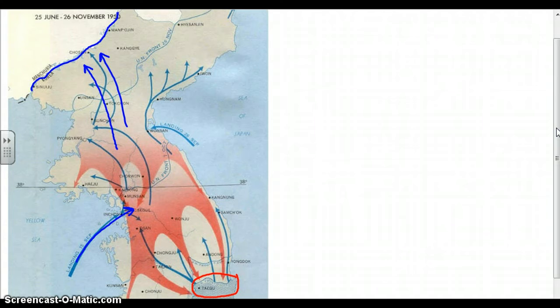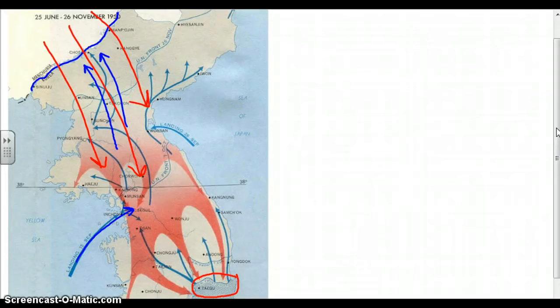Harry S. Truman, the President of the United States at that time, warned Douglas MacArthur, the American general, not to chase the North Koreans too close to China. He did not heed the warnings of the president, and the Chinese entered the war, driving the Americans and the South Korean forces all the way back down to the 38th parallel, where the war ended in 1953.